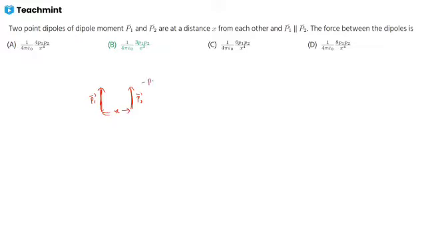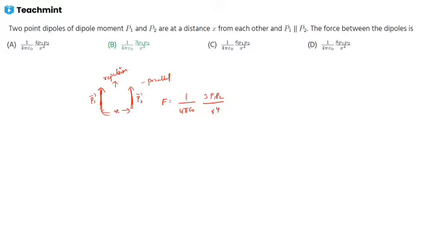So this is a parallel combination, no? As we already discussed in the class regarding this, force between two short dipoles when they are parallel to each other, that is 1 by 4 pi epsilon naught, it is 3 P1 P2 divided by R power 4. So here, if they are asking about the nature, as the force that we got it here, it is positive. So the nature of the force is repulsion between them.